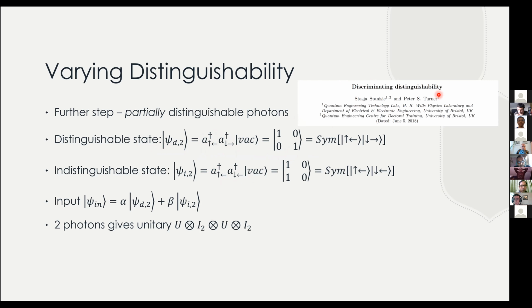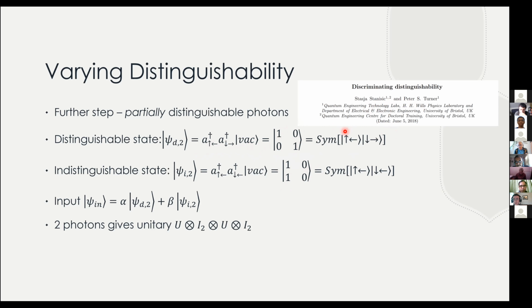It's described in this paper, Discriminating Distinguishability, by Stasia Stanisic and Peter Turner. Essentially, this notation describes this earlier and later time binning idea, or any other variant of distinguishability, where whenever the photon is input into the top mode at a later time, it's in the left, and whenever it's input at an earlier time, it's in the right.